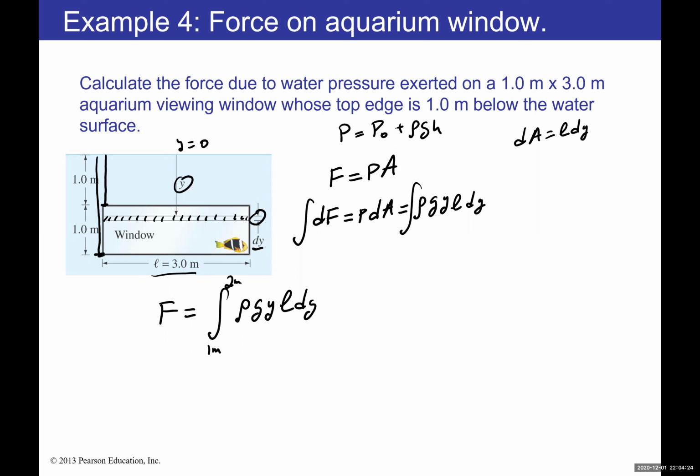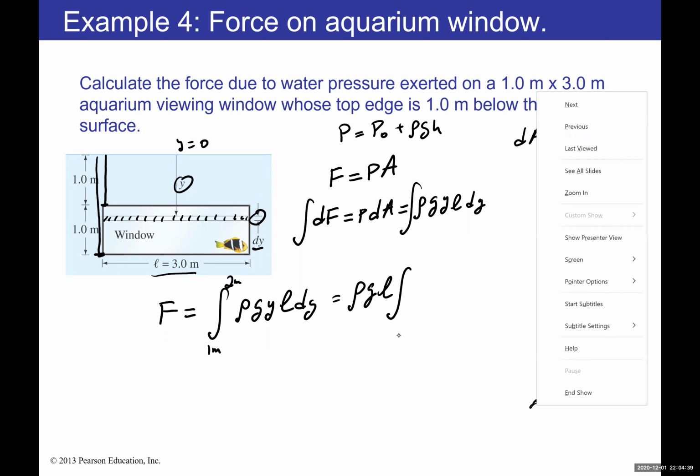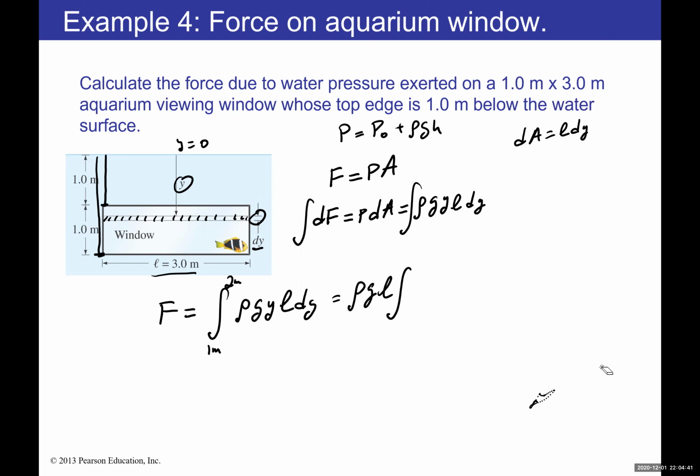Density is constant, g is constant, L is constant, so all those can come out. I can write the limits as y1 and y2, and the only thing that cannot be removed from the integral is y dy.